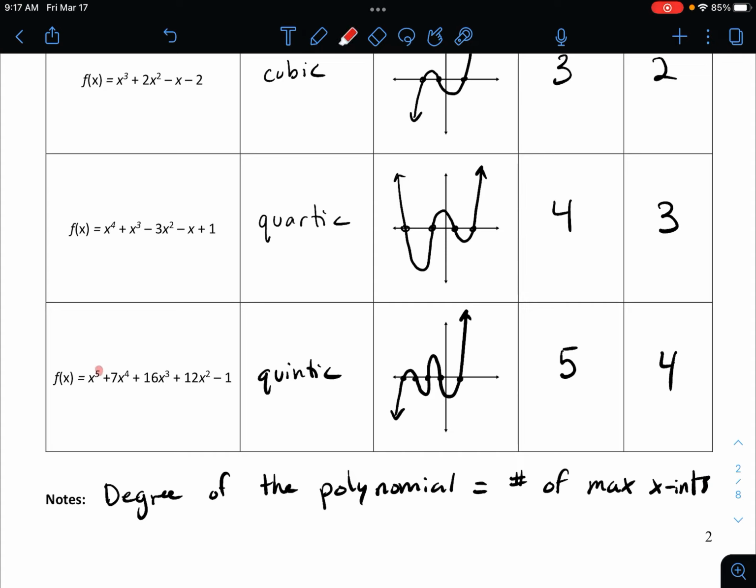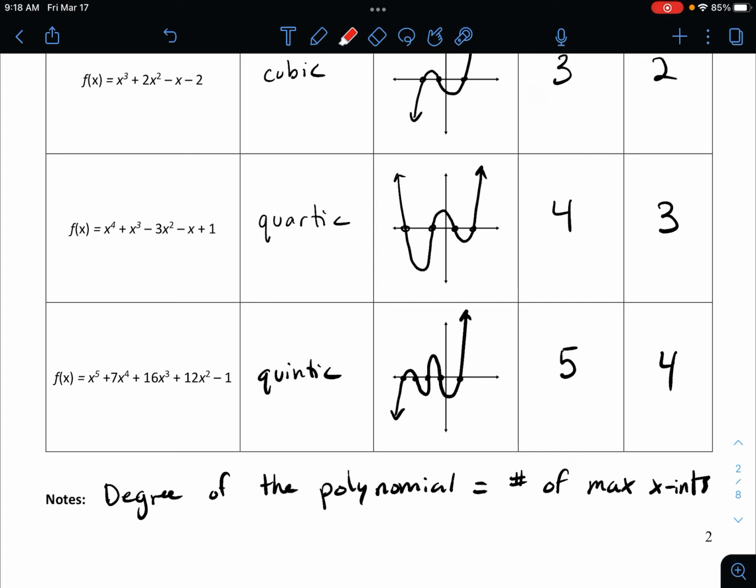If I have a polynomial that's degree 5, there are 5 possible x-intercepts. If I have degree 4, there are a max of 4 x-intercepts. If I have a degree of 3, there are a max of 3 x-intercepts, right?